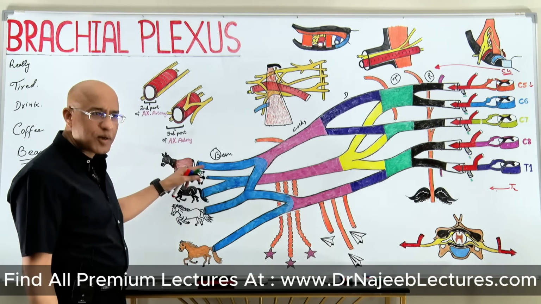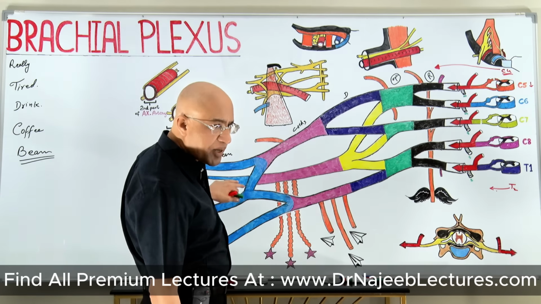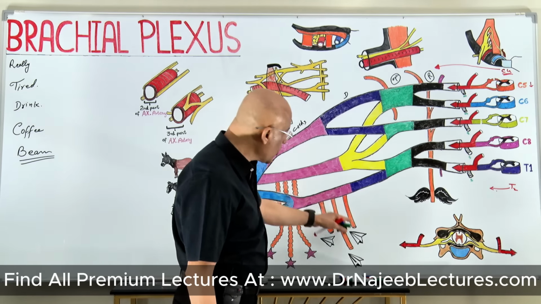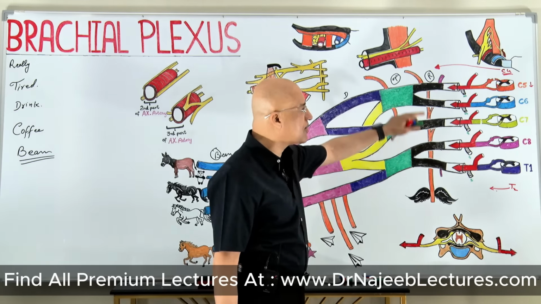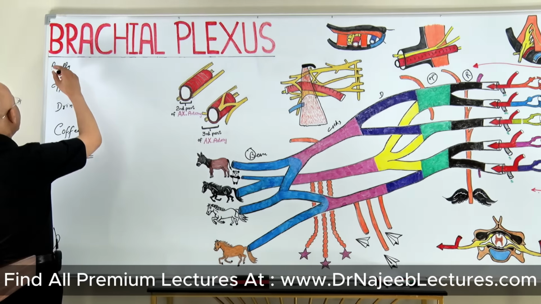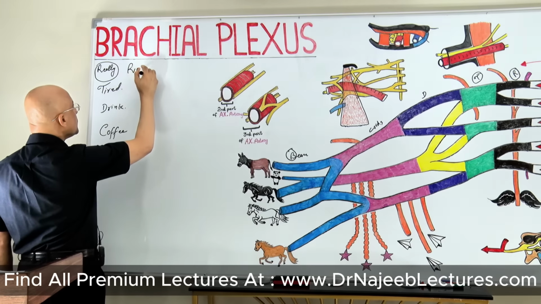No, then there are branches. Actually, these are terminal branches, because on the way from the components of the brachial plexus, there are collateral branches also, which we will discuss later, right? So we will start our lecture from roots, right?